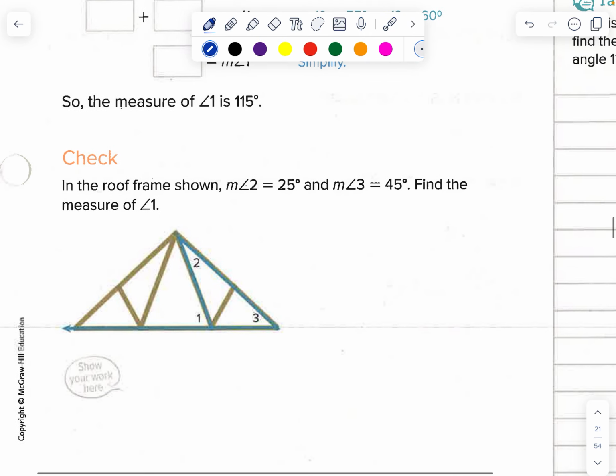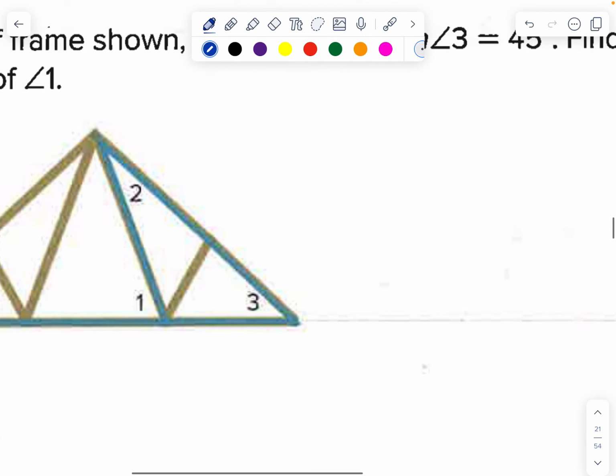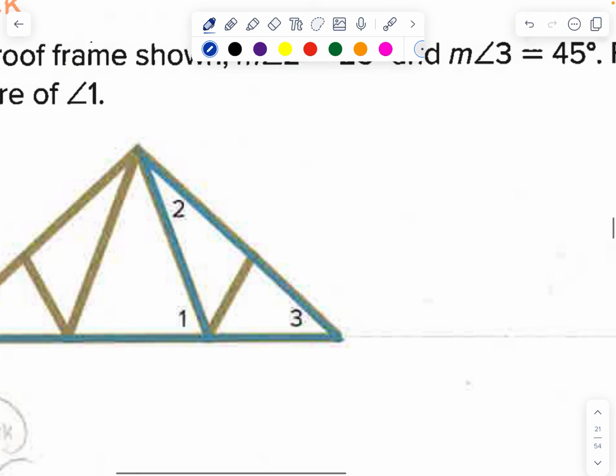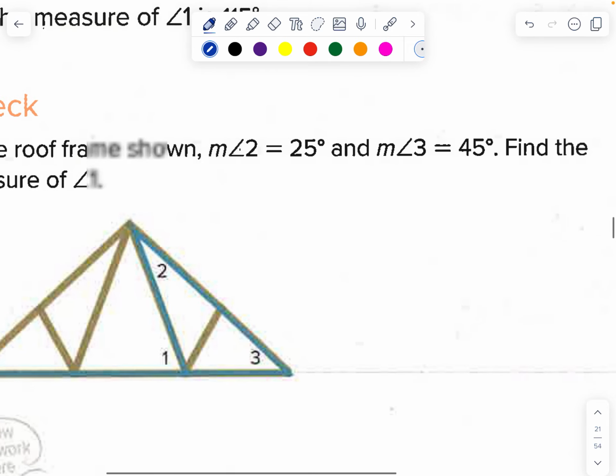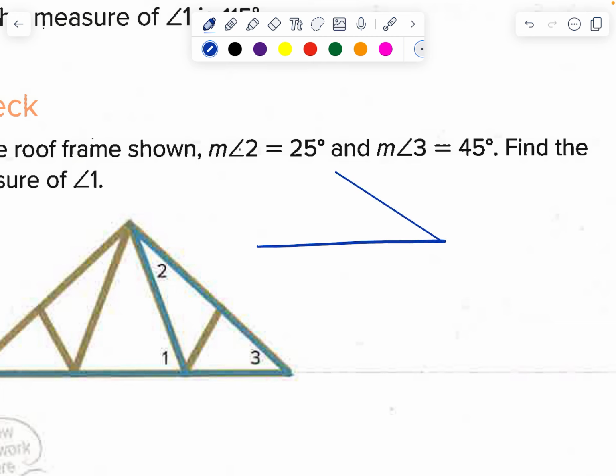Okay, so this one. Now some of you are like, oh, that's too much stuff. I can't see it. Okay, so rewrite it. So I have my bottom, I have my up, I have my down. It's not perfect, but 1, 2, and 3.